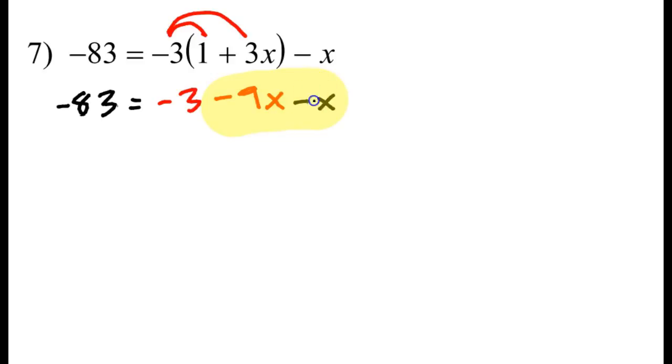If it helps, you can make sure you know that's a negative 1. So negative 9x and negative 1x is negative 10x. And then bring down everything else. Negative 3. Negative 83, and then you can finish it up, add 3 to both sides, divide both sides by negative 10. Becomes a routine review problem.